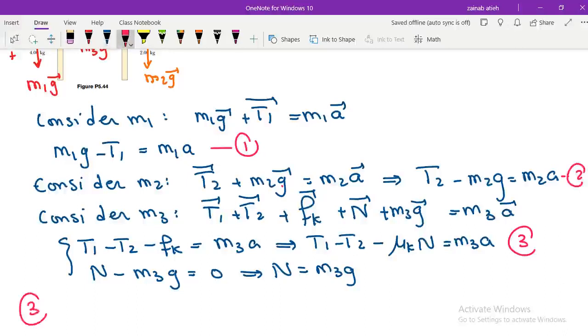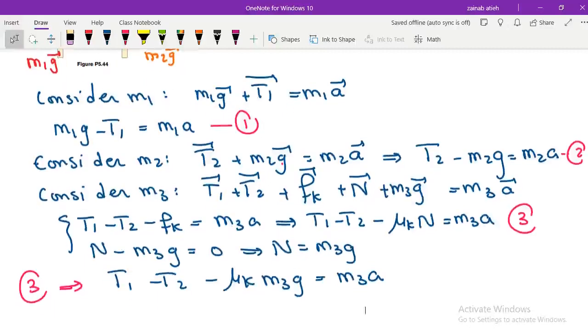So equation 3 will give me T1 minus T2 minus mu K M3G equals M3A. Now I will substitute for T1 and T2. Where do I get them from? From equations 1 and 2. From equation 1, T1 equals M1G minus M1A.